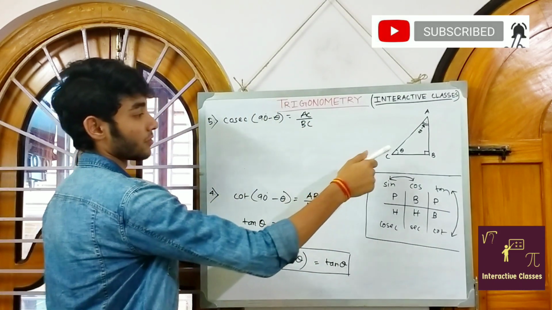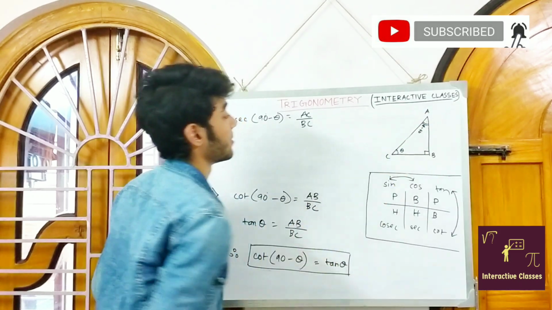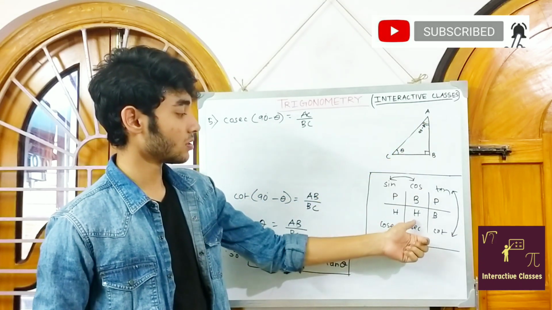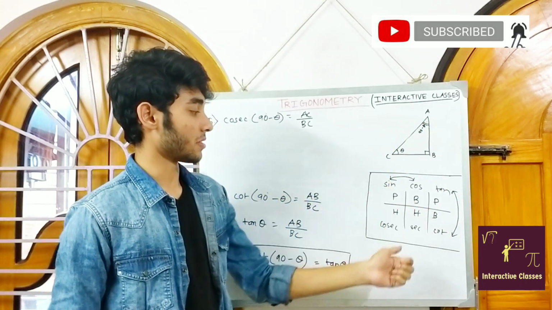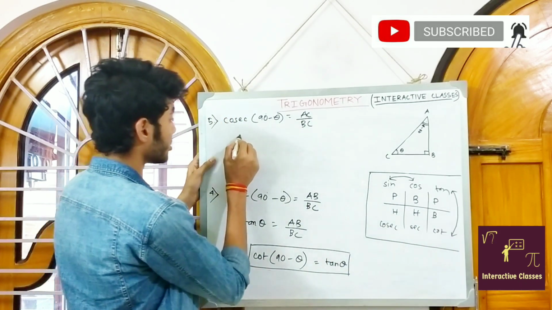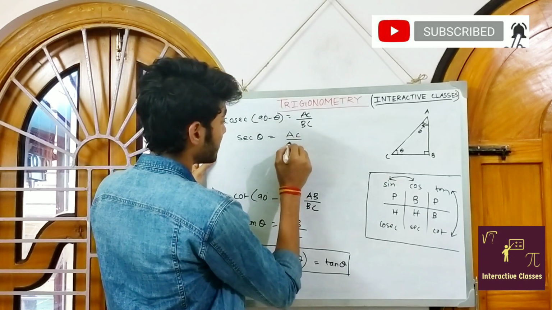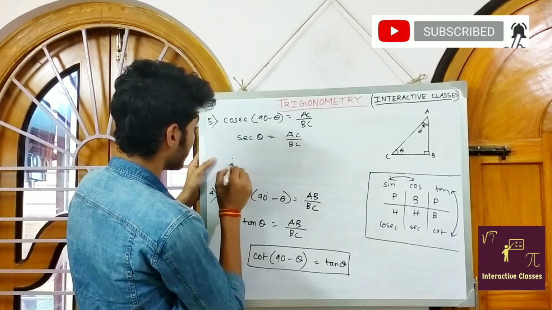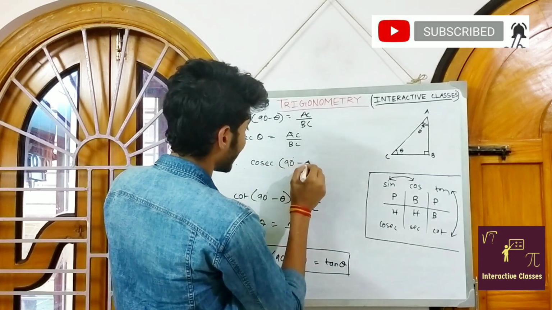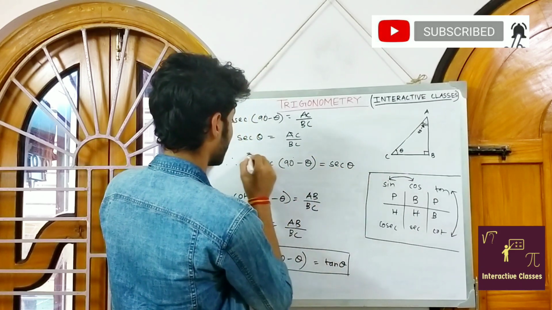Now from the theta aspect, AC means hypotenuse and BC means base. So H by B is nothing but sec theta. So sec theta equals AC by BC. Therefore, cosec 90 minus theta is nothing but sec theta.